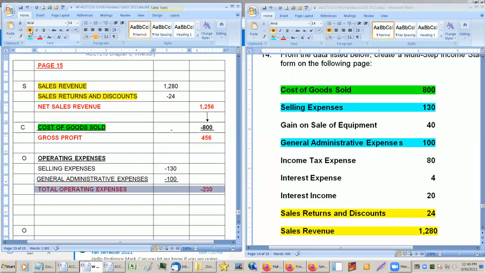Wait. Change that back. Okay. And this will give us our operating income. I'm going to separate that a little more. So operating income.